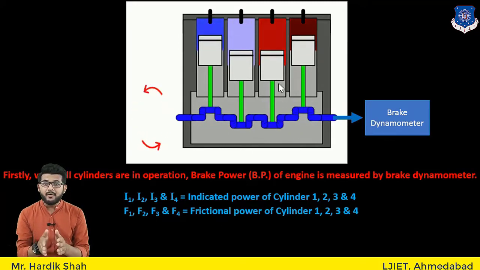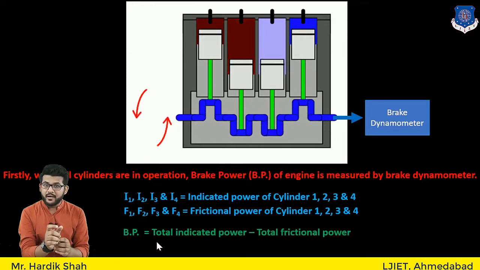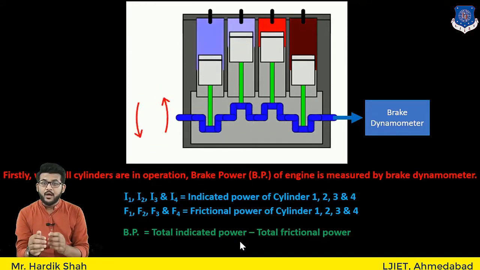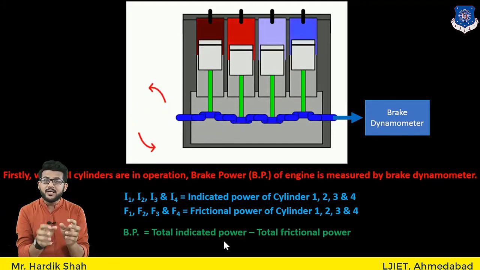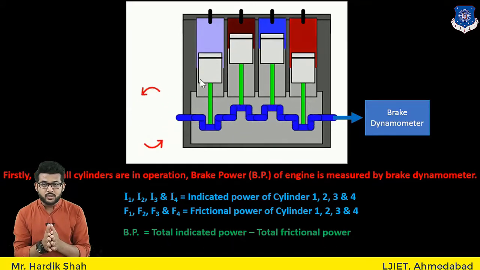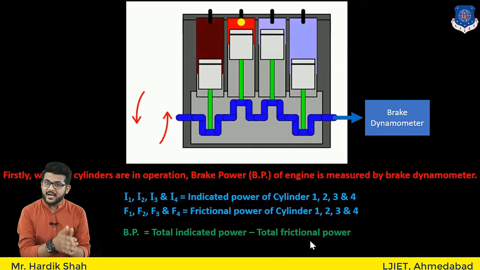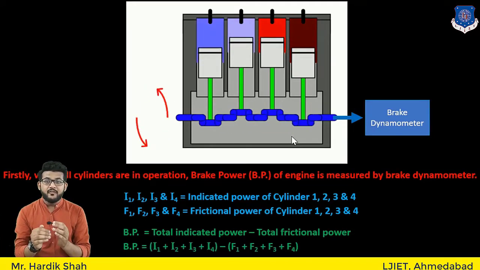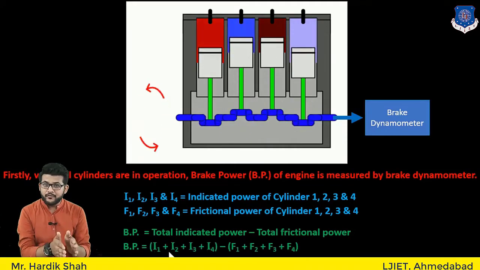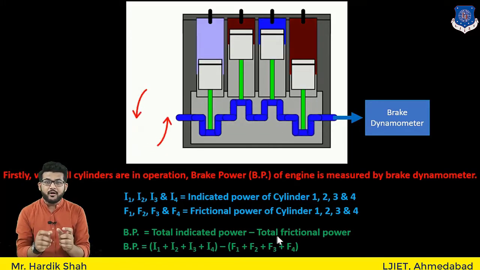The brake power of the engine can be calculated as total indicated power minus total frictional power. The total indicated power is I1 plus I2 plus I3 plus I4, and the total frictional power is F1 plus F2 plus F3 plus F4. So we got the brake power of the engine.